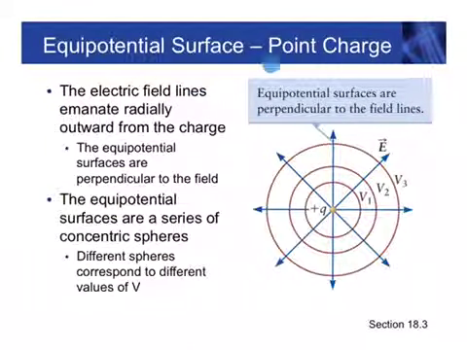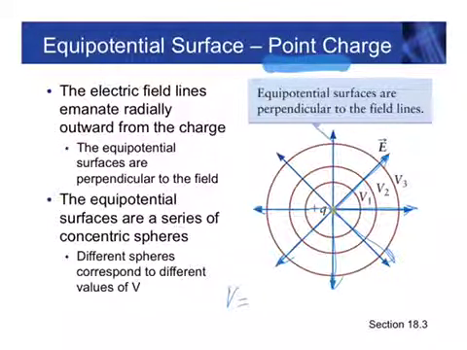Let's look at the point charge. Electric field lines are going to go outwards this way if the charge is positive, so that's what we have for electric field lines. And also, if you remember, the formula for potential from a point charge is kQ over r.